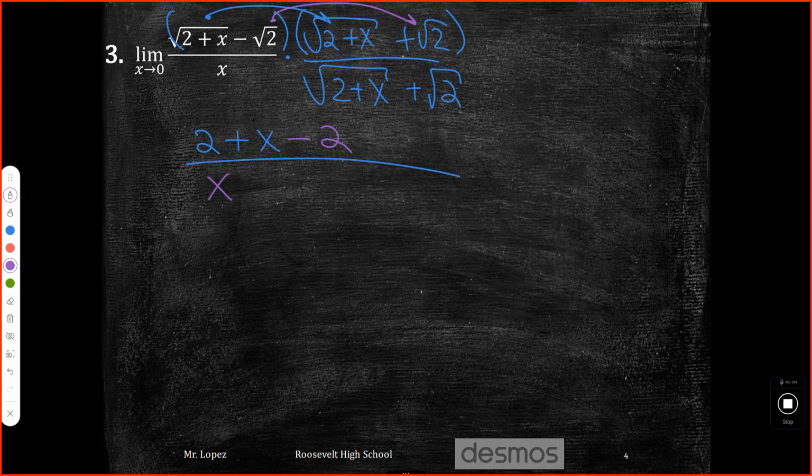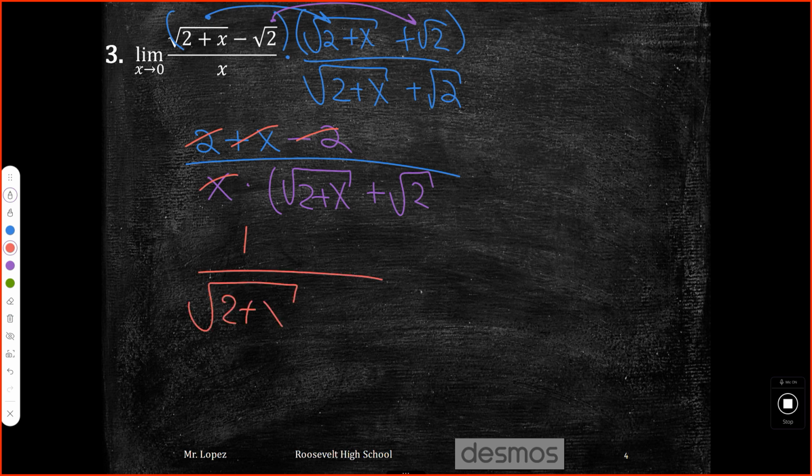X times it by square root of 2 plus x plus square root of 2. On top, 2 minus 2 cancel out. X and x cancel out. So we're left off with 1 over square root of 2 plus x plus square root of 2.